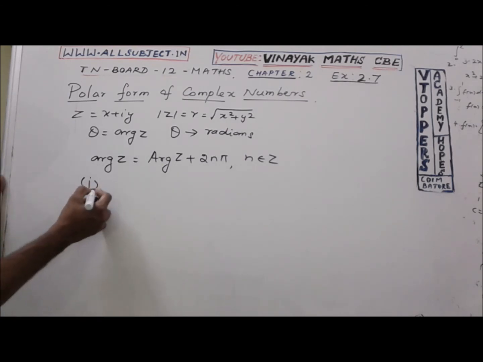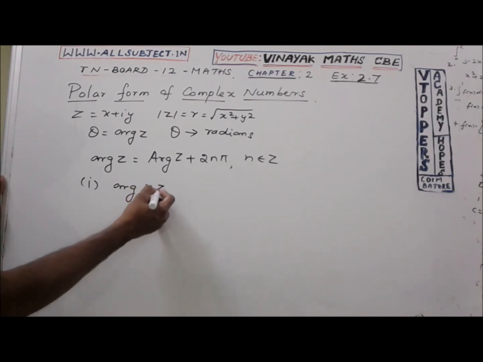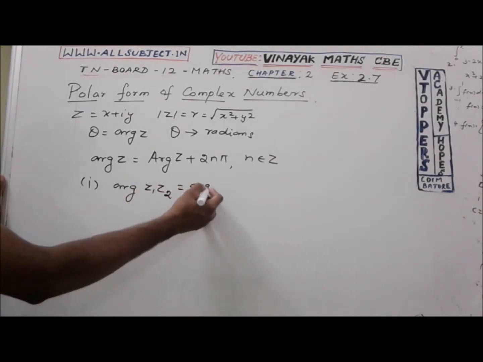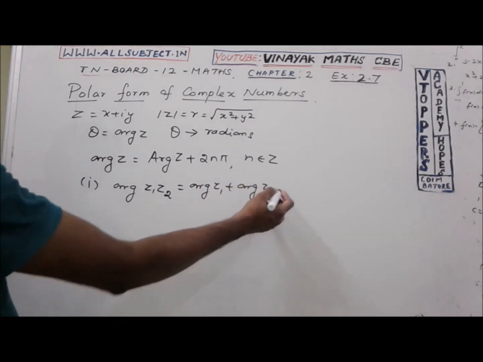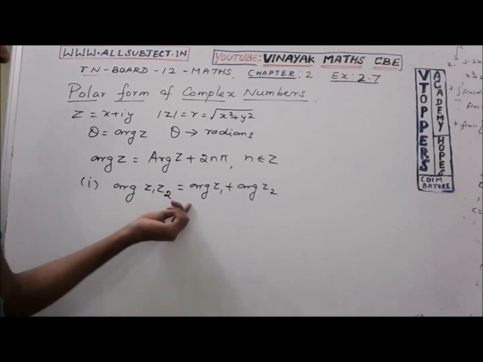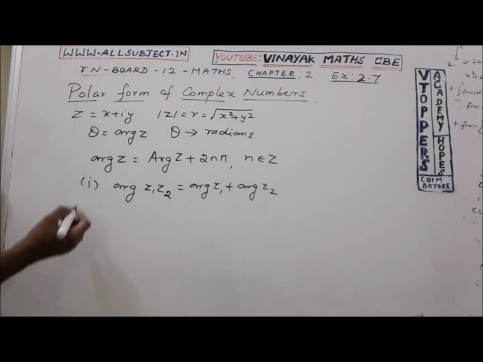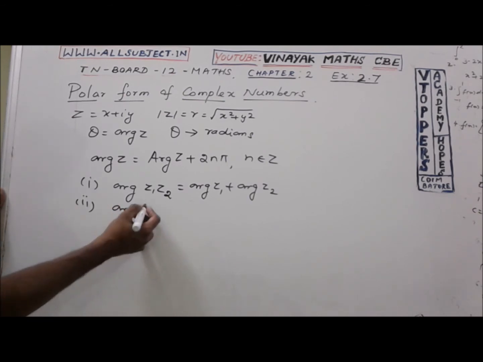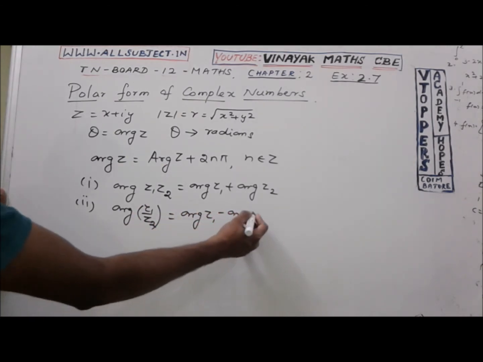And here we have some properties of arguments. The first one is: argument of z1 z2 equals argument of z1 plus argument of z2. That is, the argument of a product of two complex numbers equals the sum of the arguments. Property number 2: argument of z1 by z2 equals argument of z1 minus argument of z2.